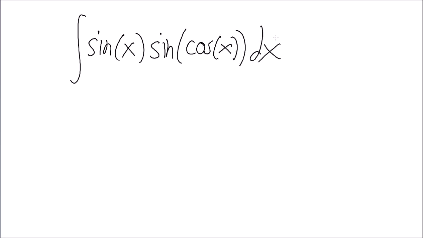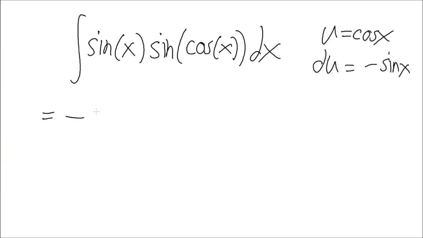All right, what's our u here? Our u is equal to cosine of x, because cosine of x is inside a function, and our du, our derivative, is outside here, which we can cancel out. The derivative of cosine of x is negative sine of x.